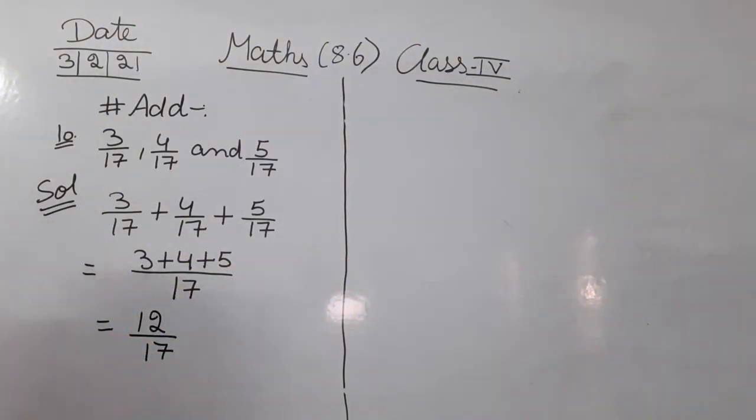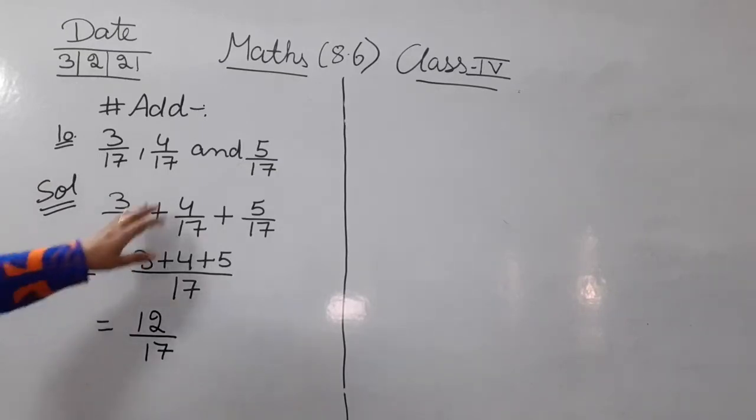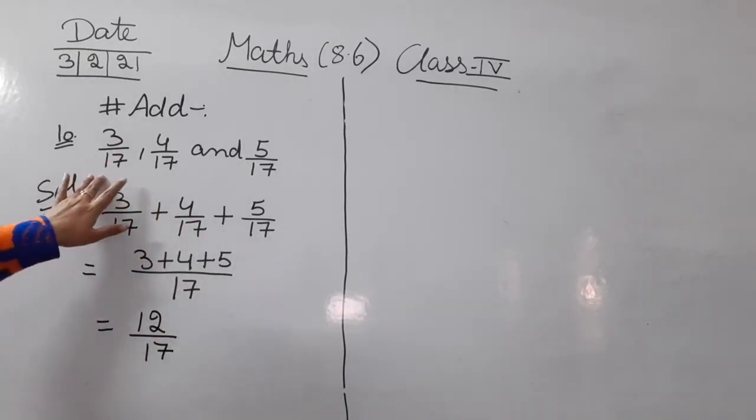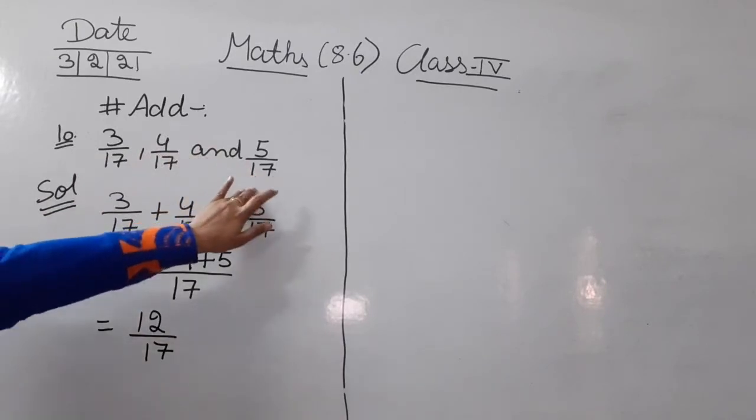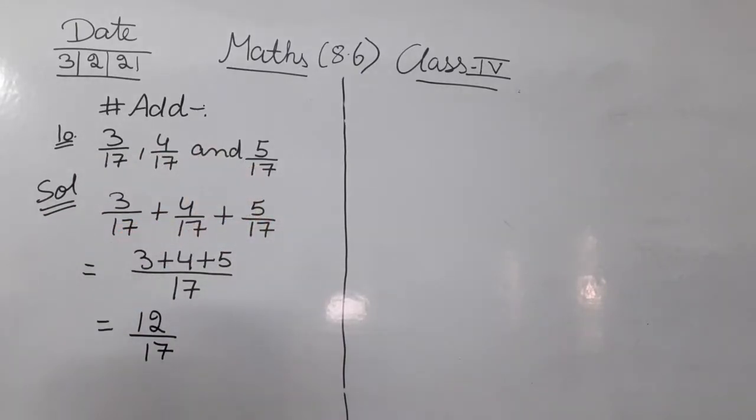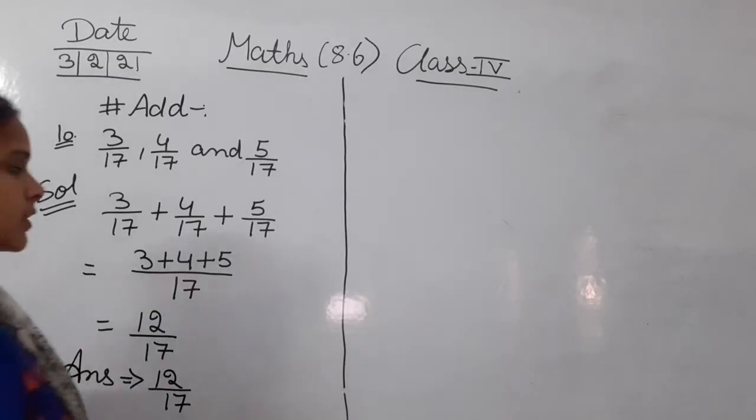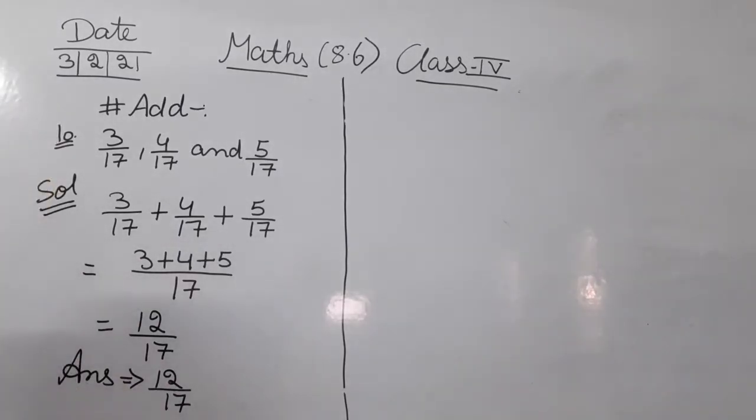So the answer we got after adding these three fractions, 3 upon 17, 4 upon 17 and 5 upon 17, is 12 upon 17. Answer is equal to 12 upon 17. Okay, so this is the solution of question number 10.